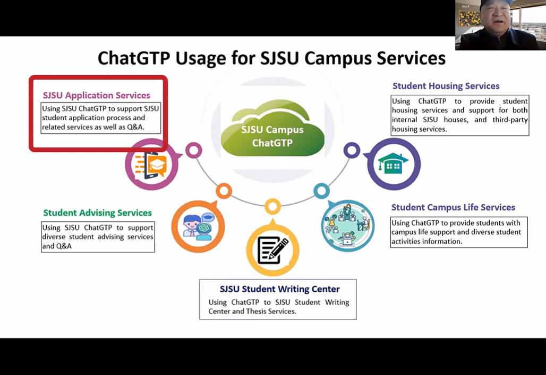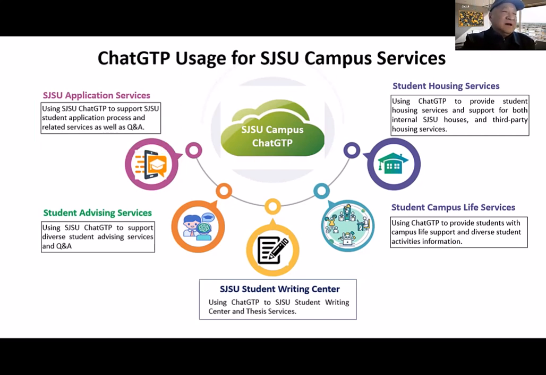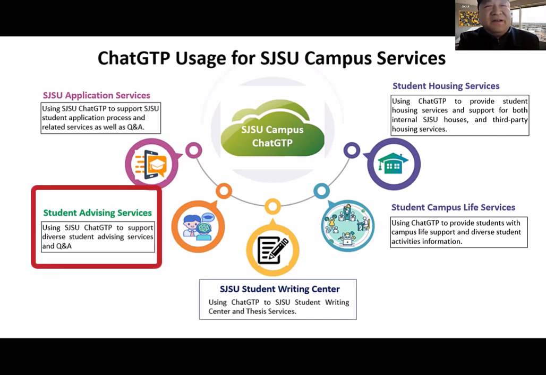So this could be a good use if we provide a lot of training data. Then we can train ChatGPT to support recruitment and answer application questions. The other one is student advising. We used to depend heavily on advisors, and now with ChatGPT, you can do 24-hour advising.